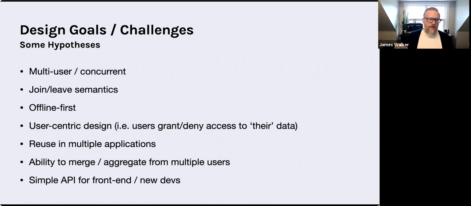But how can we put an API layer on top that feels comfortable and intuitive? We want the experience to be as simple and straightforward as possible, and to encapsulate as much of the complexity as we can.